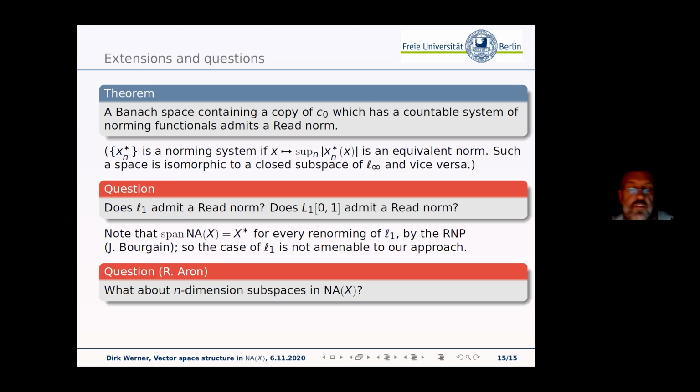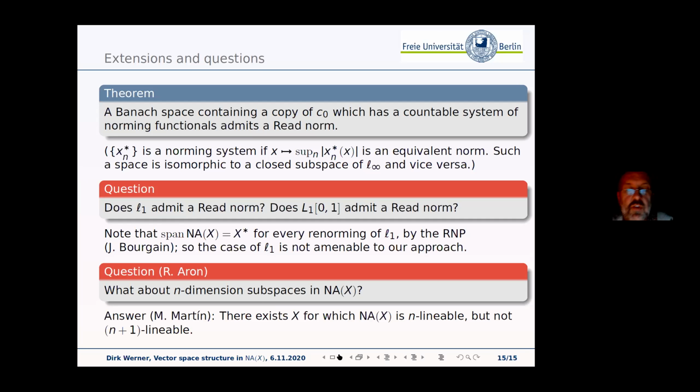This was answered by Miguel Martín, who showed, for this specific question, that the direct sum of two spaces of Read type will work, a direct sum by means of an LP norm, like the L2 norm. And in general, his answer is that given n, there's always a Banach space where the norm-attaining functionals contain n-dimensional subspaces, but not n+1 dimensional ones.